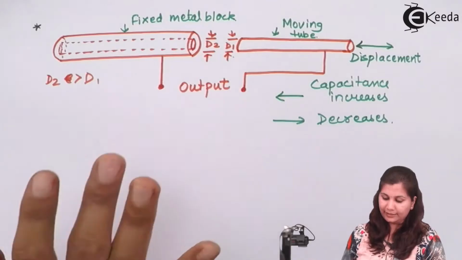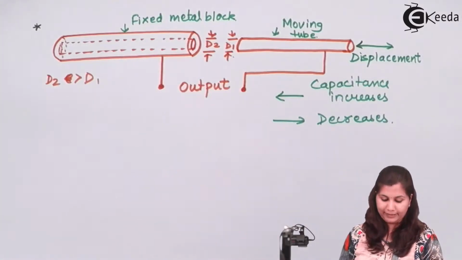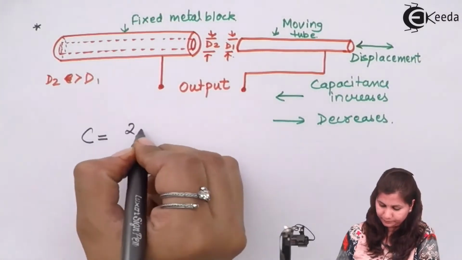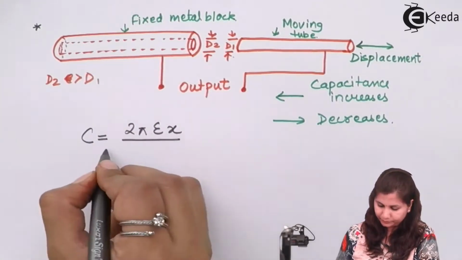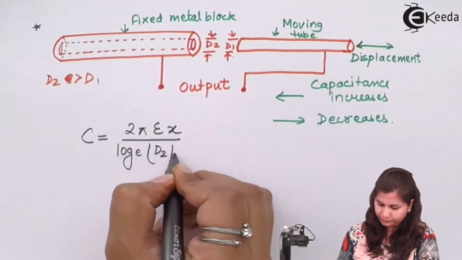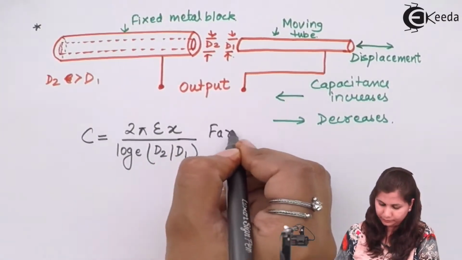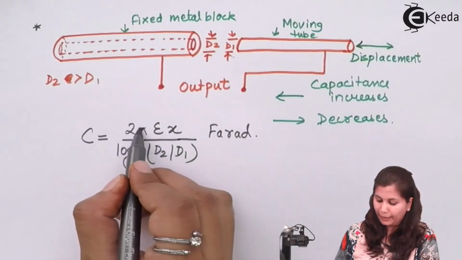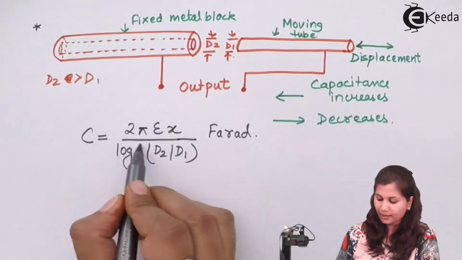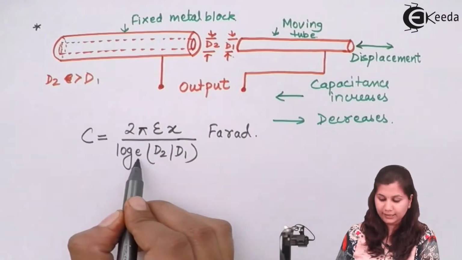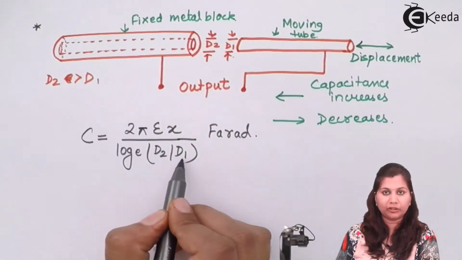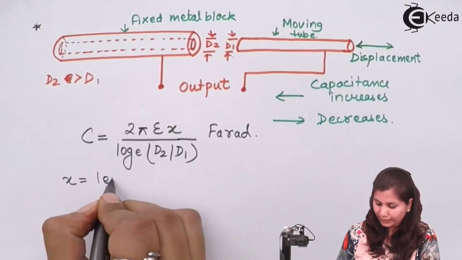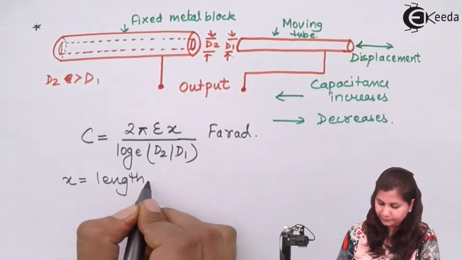Now in this case, the capacitance is given by the equation: capacitance is equal to 2 pi epsilon X upon log to the base e of D2 by D1, where X is the length of the overlapping part of the cylinders.